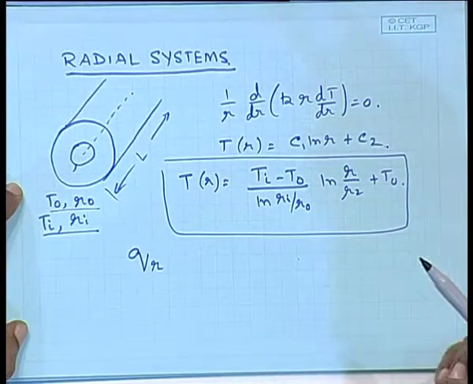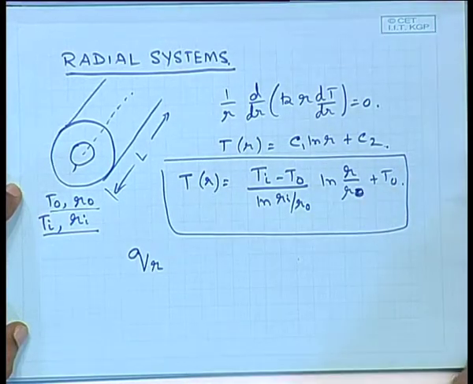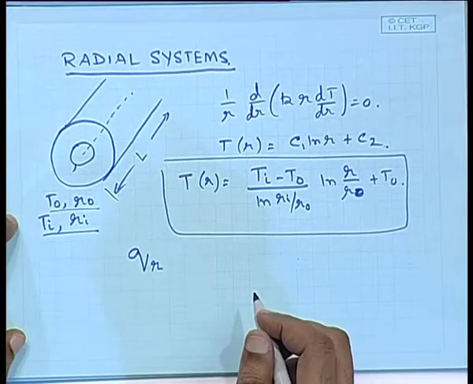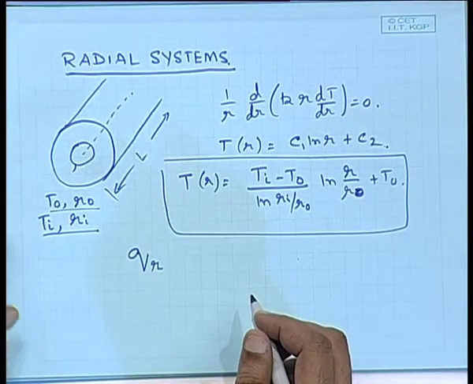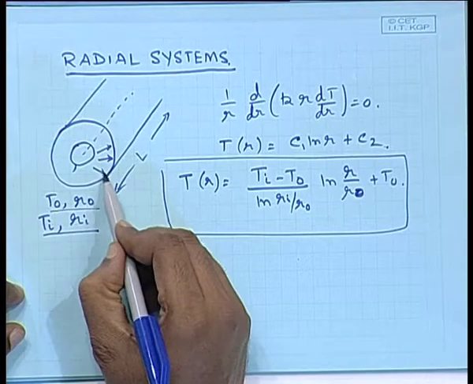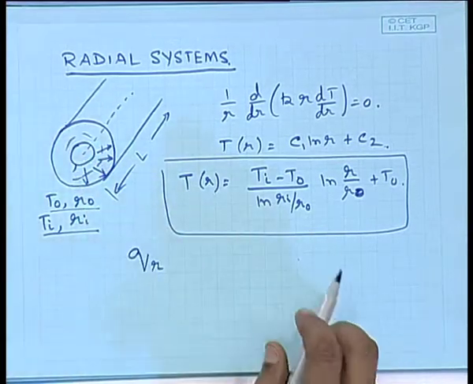This is ln R by R, it should be R0 then. So, now I can evaluate what is the heat that is passing through each of these different R planes.